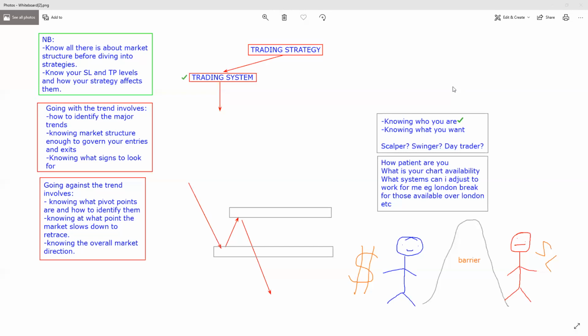Also, in knowing who you are is knowing your availability. And knowing your availability is all about, am I available enough for the charts? If you're working or if you're in school, you probably don't have all the time in the day to check on your charts.